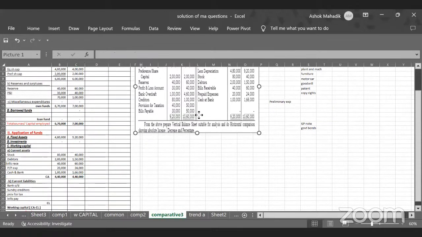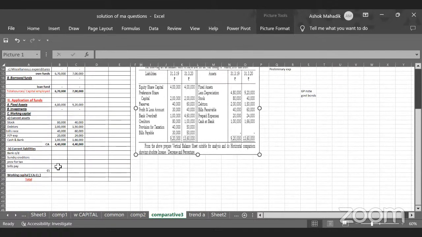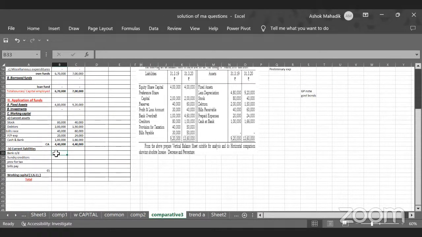Now current liabilities. Once we are done with the current assets, again you have to refer to the liability side, we will find current liabilities. You can see many items are there which classify as current liabilities.